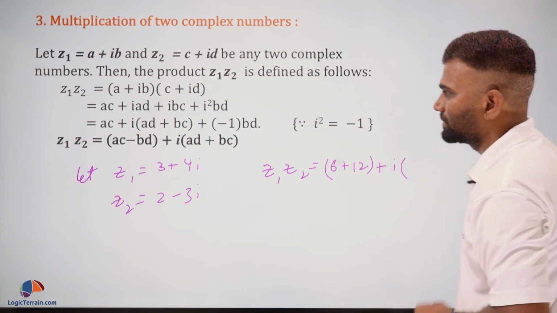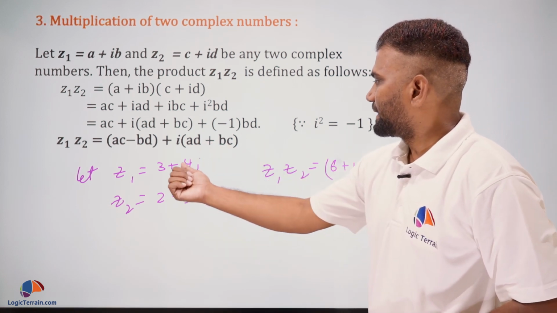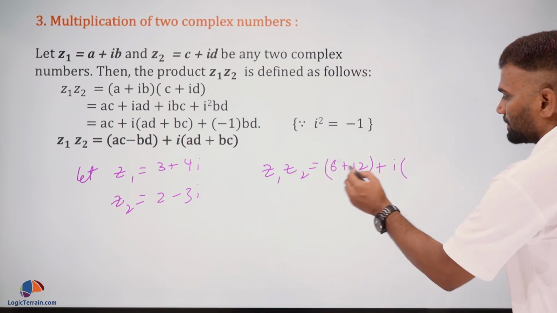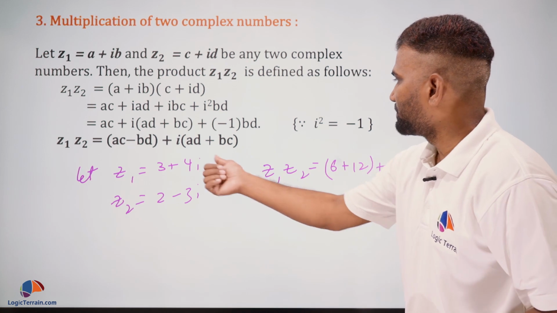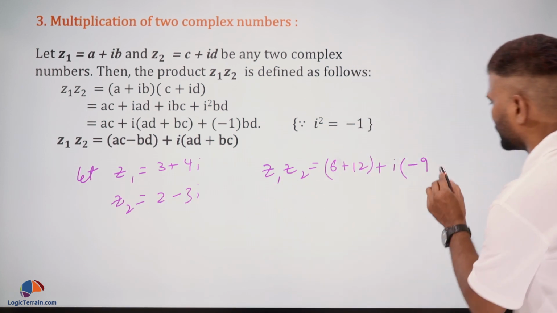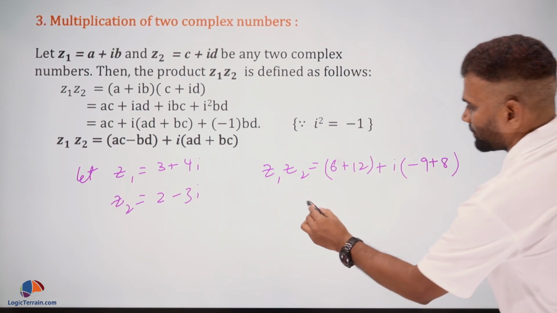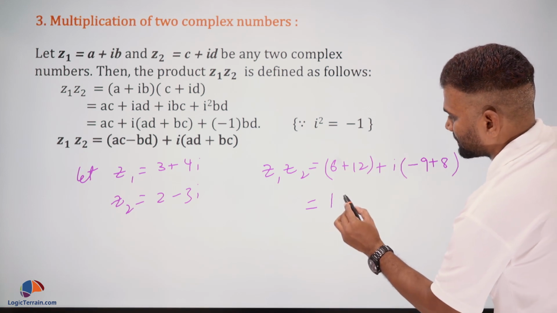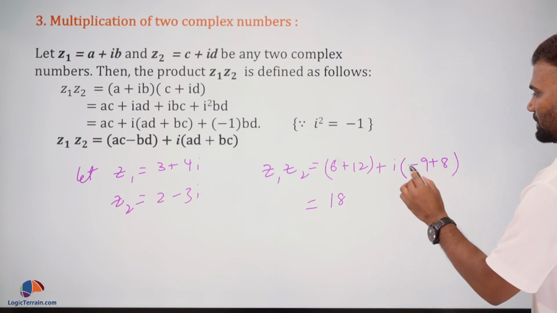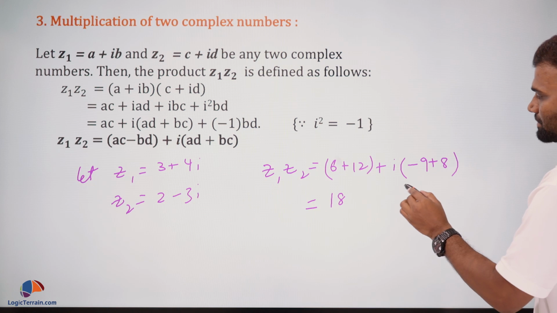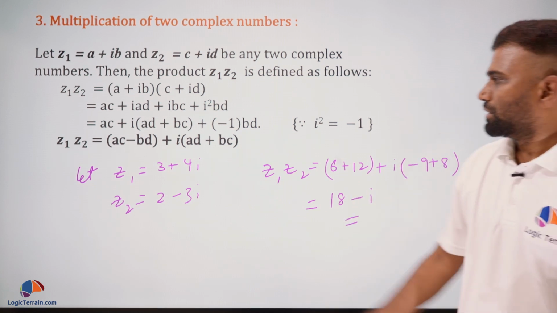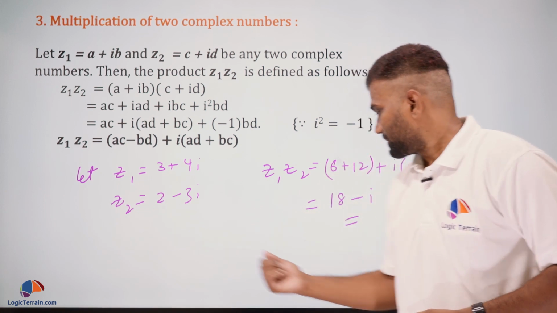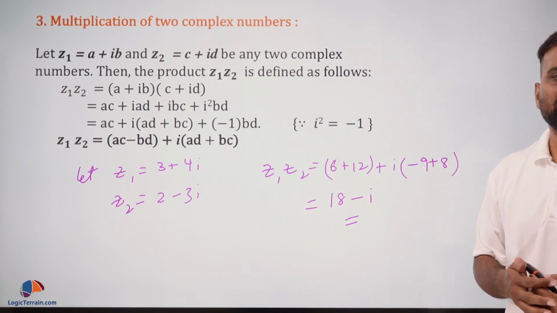Plus i of (ad + bc): ad is 3 times negative 3, which is negative 9, plus bc, 4 into 2, which is 8. Further this becomes 18, and negative 9 plus 8 becomes negative 1, so negative i. Therefore, the product of these two complex numbers is 18 - i.